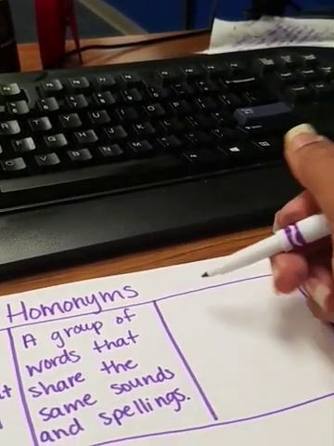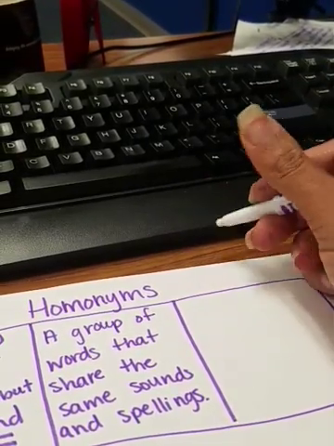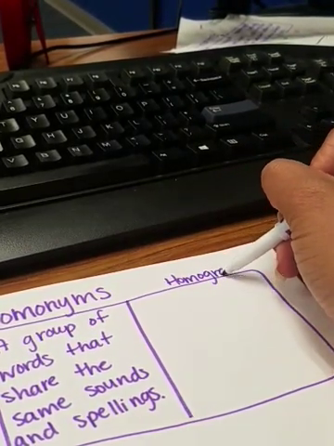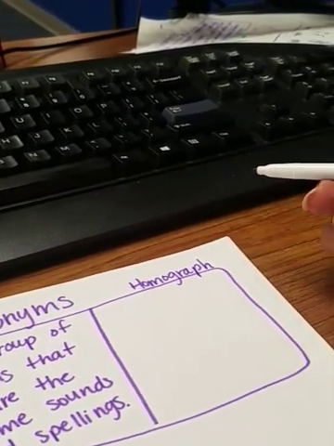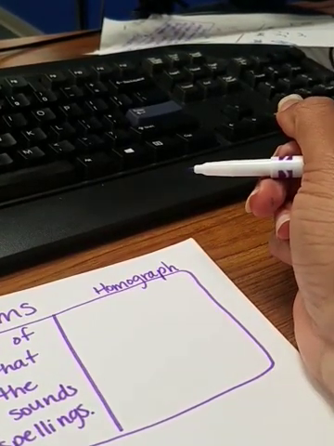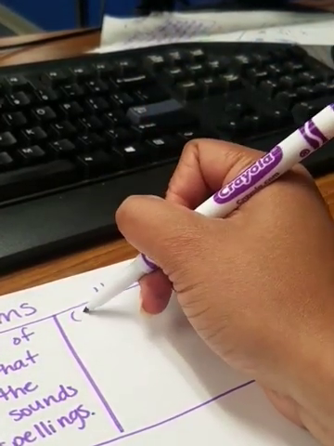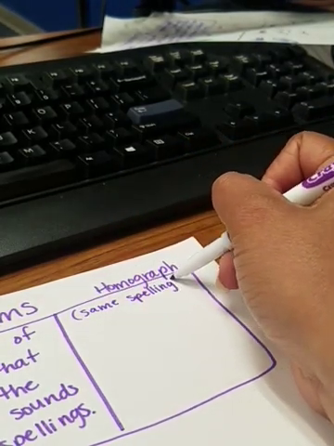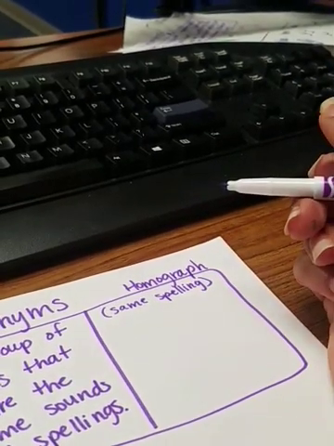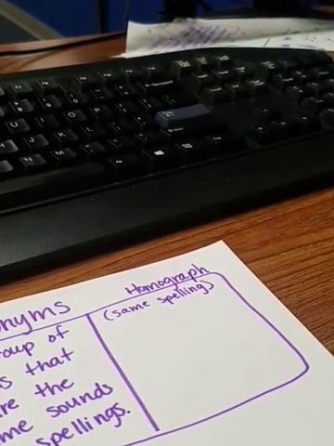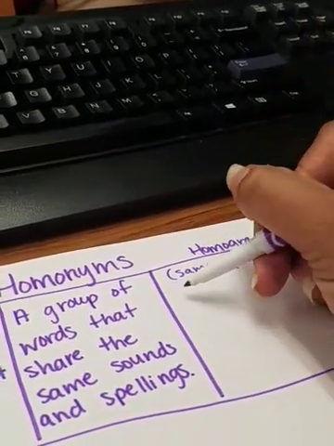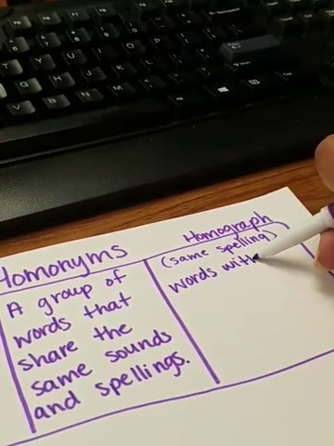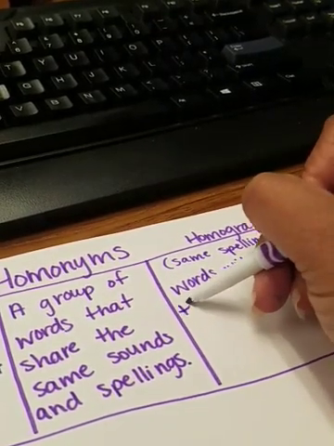And then for the other side, on the right hand side, I'm going to write a homograph. A homograph is words with the same spelling. So in parentheses, I'll put the same spelling. So these are words that have the same spelling but different meaning. All right, so let's write that.